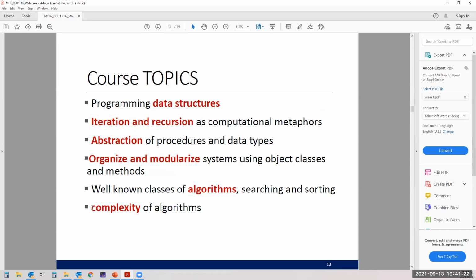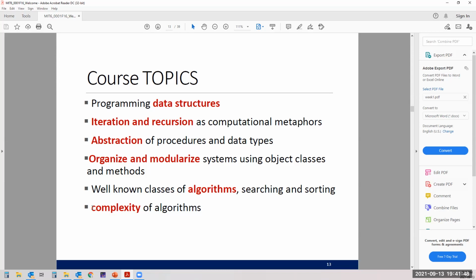Organize and modularize systems using object classes and methods. One of the amazing components, which we'll talk about at the time of object-oriented programming, is what we call the modularity of code. You divide the code into simple pieces, and each piece will do a certain job. This is one of the beautiful things of object-oriented programming, OOP.